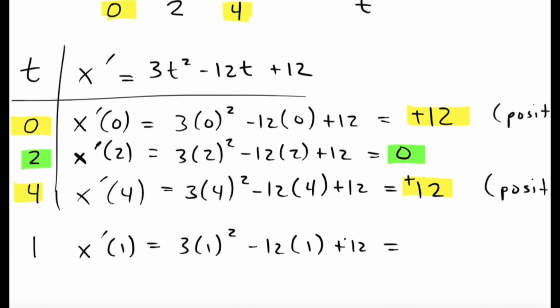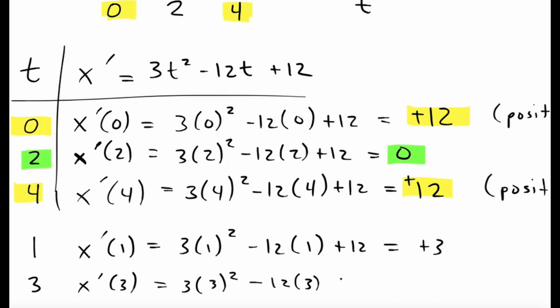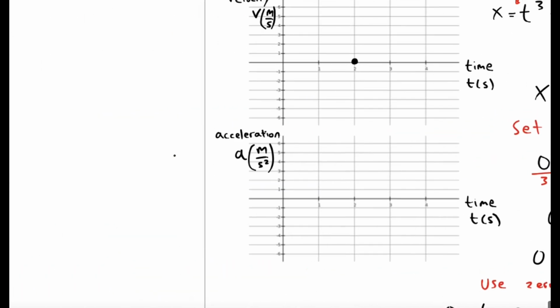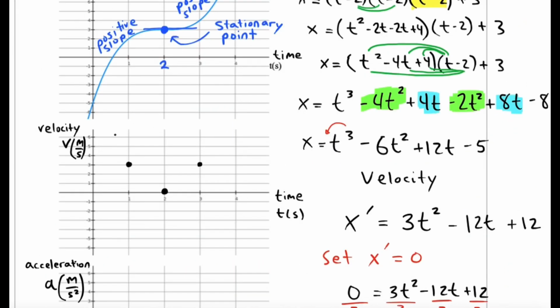So that's 3 minus 12 makes negative 9 plus 12 would be positive 3. And x prime of 3 by symmetry is also going to be positive 3. It's just going to look like that.